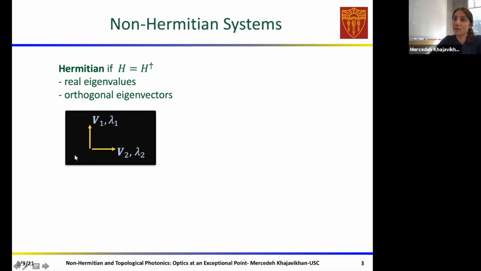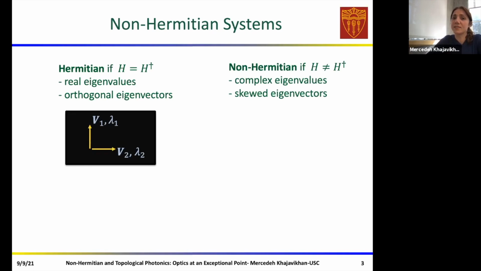Now, if we have a two-level system, meaning a system with 2 degrees of freedom, this would be represented by 2 orthogonal eigenvectors and 2 eigenvalues that, as I said, are real. And of course, in this system, sometimes the 2 eigenvalues become equal to each other, and we know that particular point in the parameter space as a diabolic point or a Hermitian degeneracy.